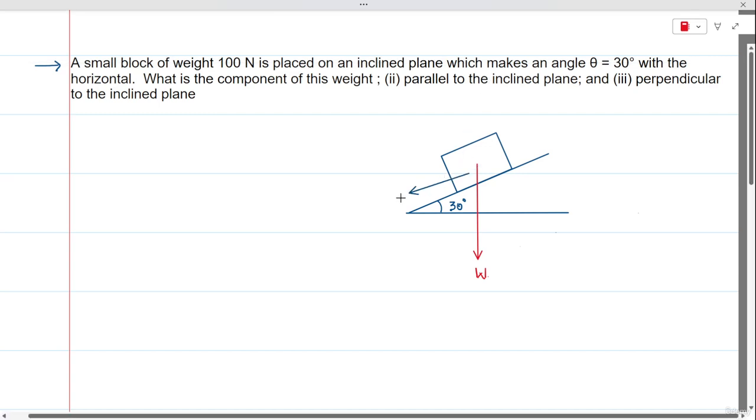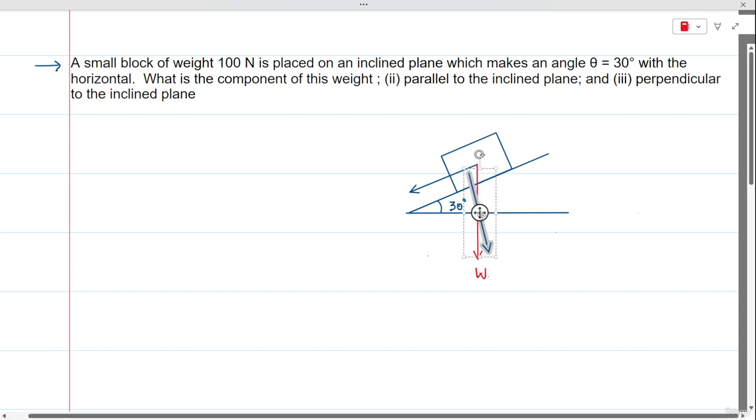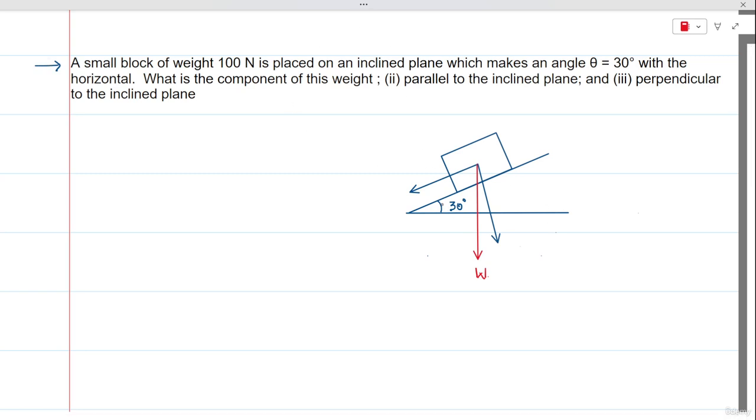So let's say this is the component which is along the plane, and the second component would be normal or perpendicular to this inclined plane. So this will be 90 degrees. Now here we need to reflect this 30-degree angle between these forces.